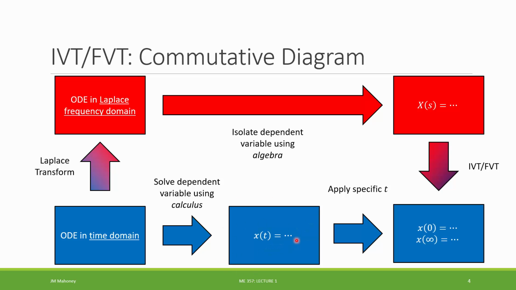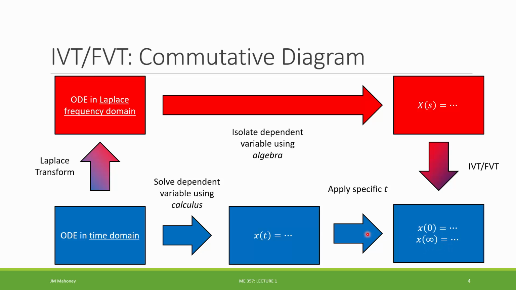So we could put in 0 and figure out x of 0, the initial condition, which we would need to know anyway to solve this problem. And we could put in a large value of t and figure out what I'm calling x of infinity, the steady state value of x, its value after a long time.